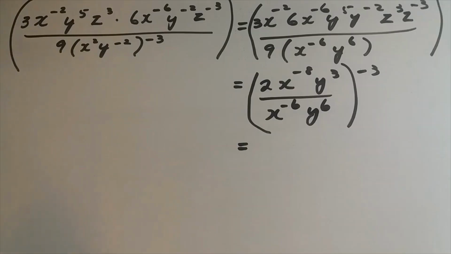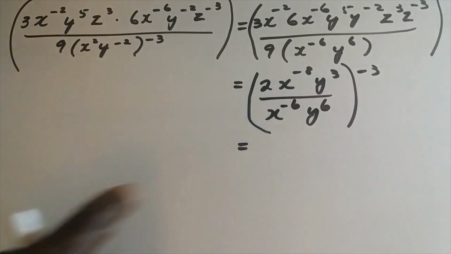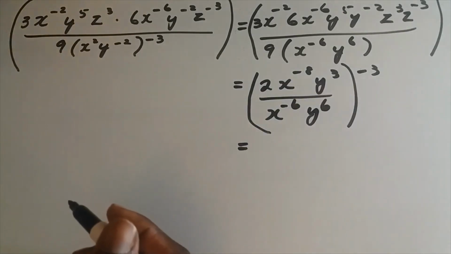So next we need to now clear the outer brackets, because now we're multiplying or raising everything to the power of negative 3.